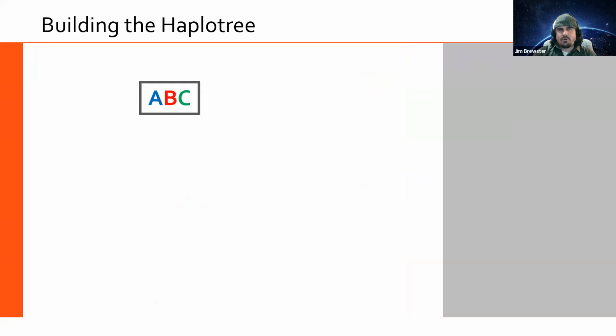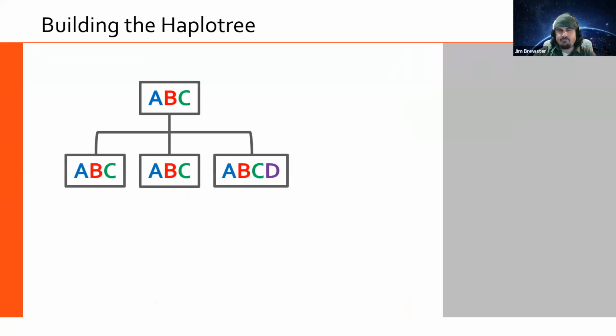So for an example, let's take a really simplified example. Let's say that this is an individual who has 3 specific SNPs. So we'll just call them A, B, and C. Let's say that person has 3 descendants. And those 3 descendants, they all have A, B, and C, but one of those people happen to have D. Well, we're able to tell then that D came about after A, B, and C, because the parent had it, but not the child.